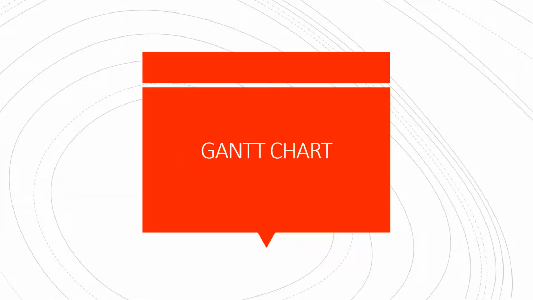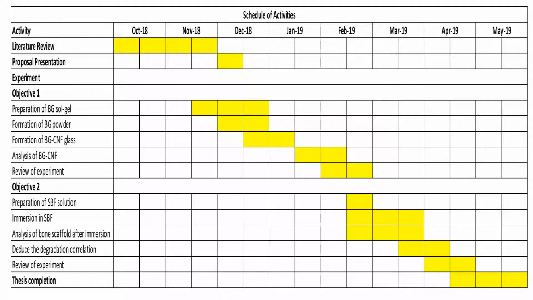Next, I have included the Gantt chart of my study. The activities that I have scheduled are from October to May. The literature review is expected to be done by November. The first week of December comprises the proposal presentation. The experimental work has already been done for the preparation of the bioglass sol gel.